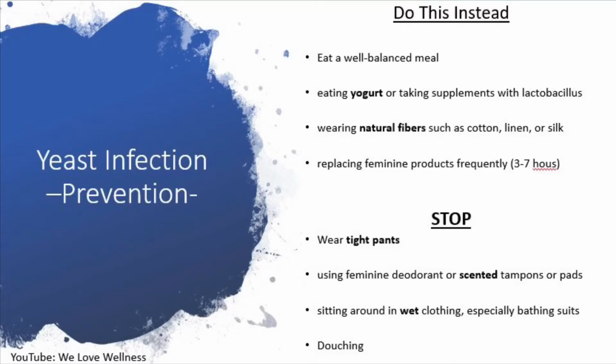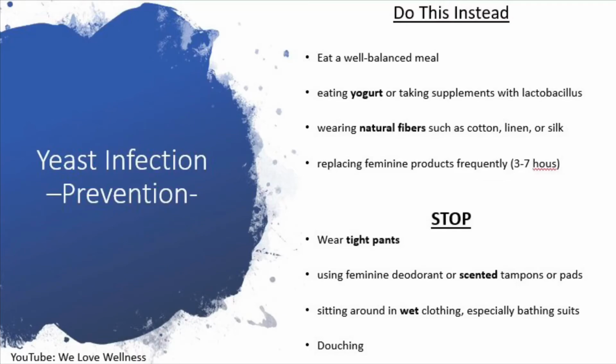You also want to stop sitting around in wet clothing. This is specifically for bathing suits. You don't want to be sitting in something wet for a long time. Yeast infections develop quickly when the vulva is moist, and you just need to keep it dry. So the bathing suits, the damp clothes, even wiping after you pee, you definitely don't want to just sit in that.